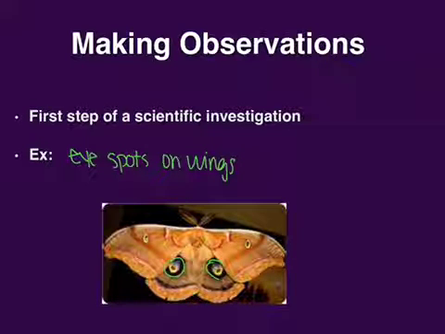You could observe that it is a brown or tan colored moth. And there's many, many more observations. If we were making observations in real life and it wasn't a picture, we could maybe describe how it feels. Is it feathery? Does it feel brittle? Is there dust coming off of it? Those are types of observations to make.